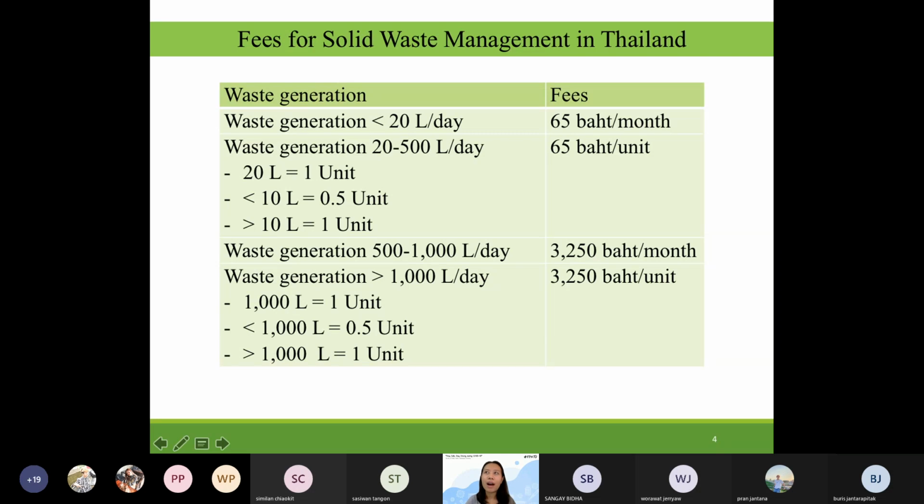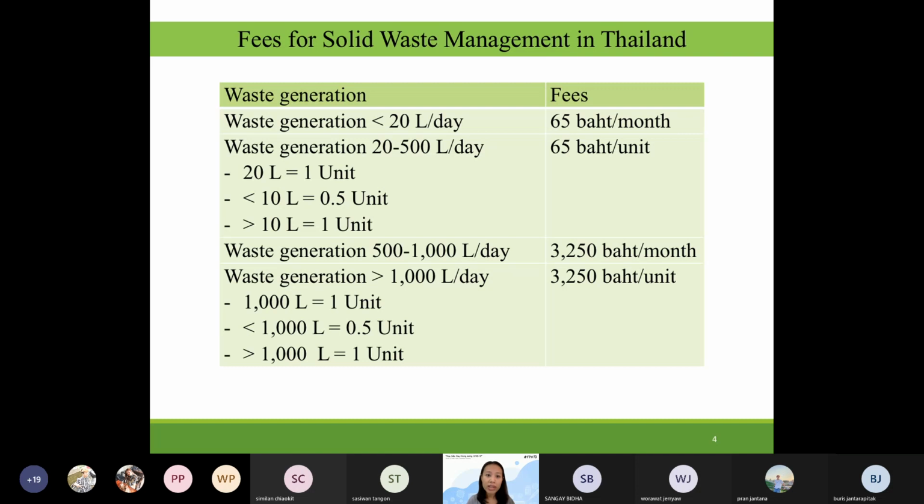But in less than 10% of areas in Thailand can we collect 65 baht per month. Generally, in other provinces or areas, it may be only 20, 40 or 30 baht, depending on what the local government decides for their area.